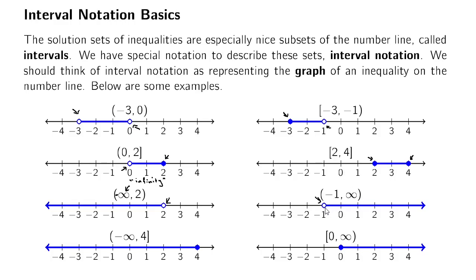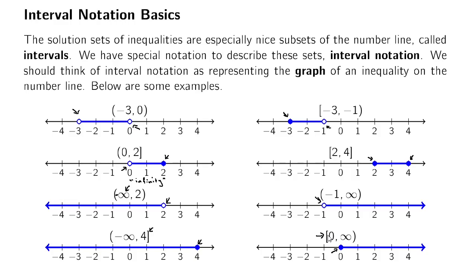Open dot at -1, extending indefinitely to the right, (-1, infinity), round bracket on the left, round bracket on the right. Filled in dot at 4 gives us a square bracket next to the 4. Filled in dot at 0 gives us a square bracket next to the 0.